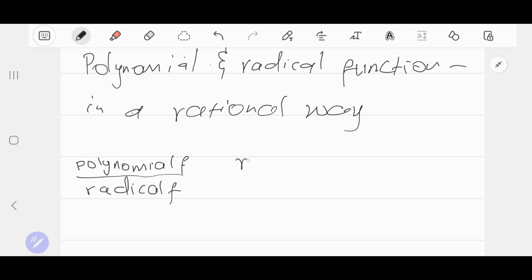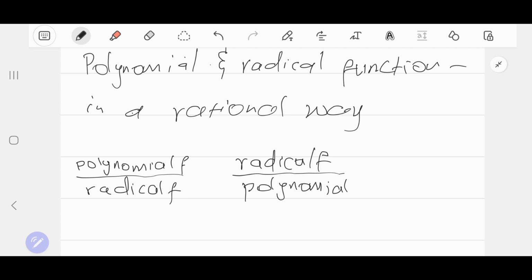Or you can have a radical function at the top, and then at the bottom you have a polynomial function. So these are the two types of combinations that you can always get, people.